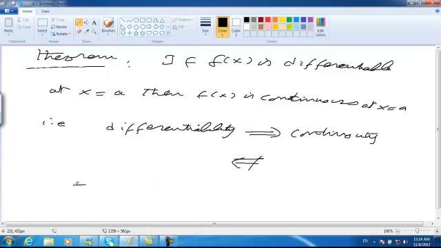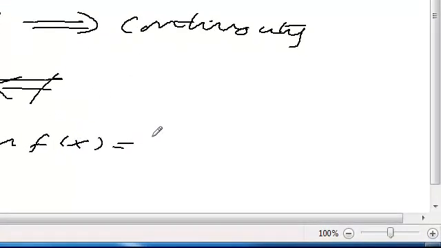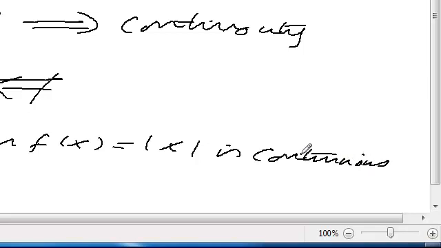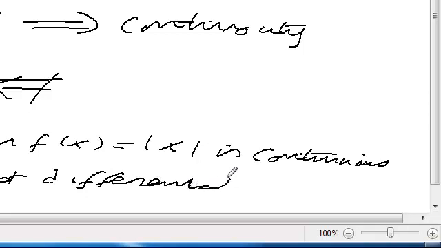Example: the function f of x equals absolute value of x is continuous at x equals 0, but not differentiable at x equals 0.